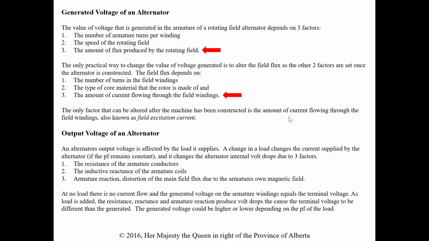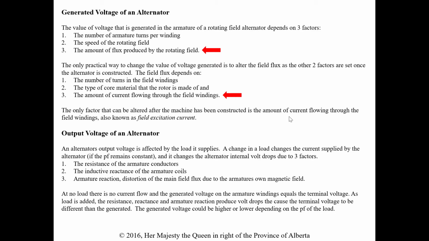So the output of an alternator. The output is basically what we're generating to use to hook our equipment to. An alternator output is affected by the load it supplies. A change in the load changes the current supplied by the alternator, if the power factor remains constant. And it changes the alternator internal volt drops due to three factors.